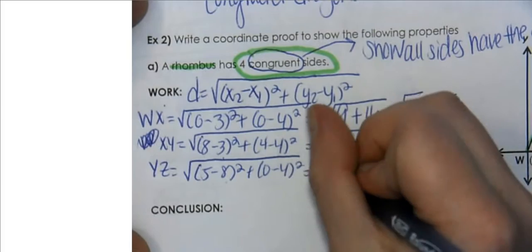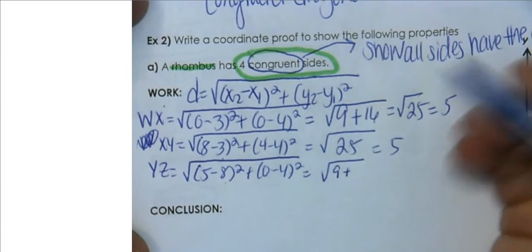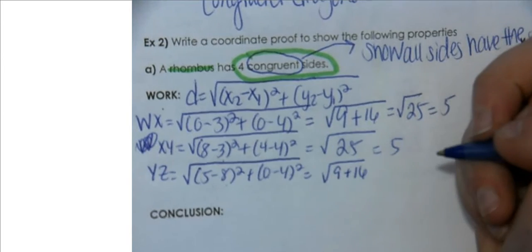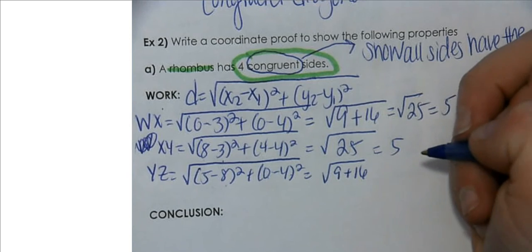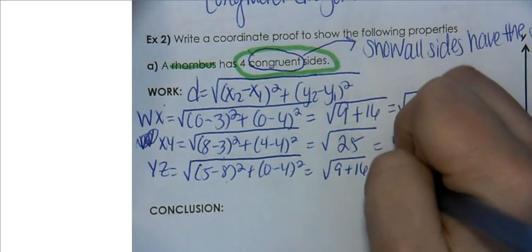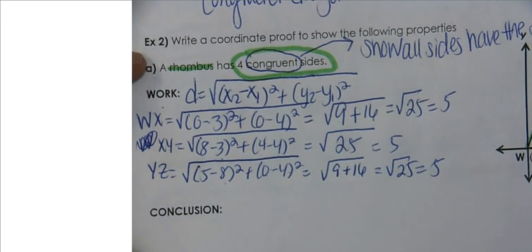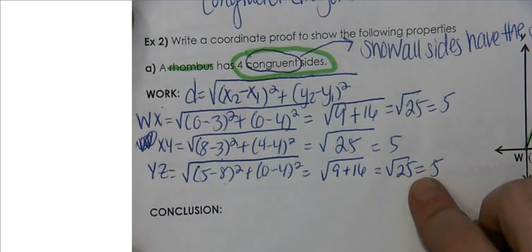Negative 3 squared is 9. 0 minus 4 is negative 4. Negative 4 squared is 16. 9 plus 16 is 25, and the square root of 25 is 5. So far, I'm doing really well. I've shown all of these lengths are 5, and I just have one more left, and that is WZ.